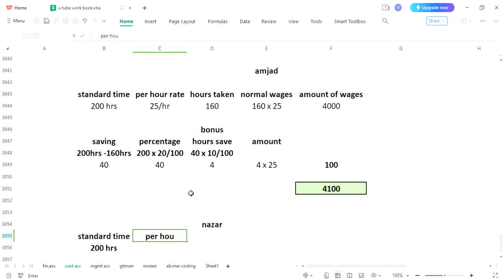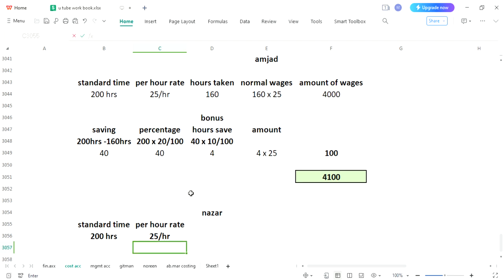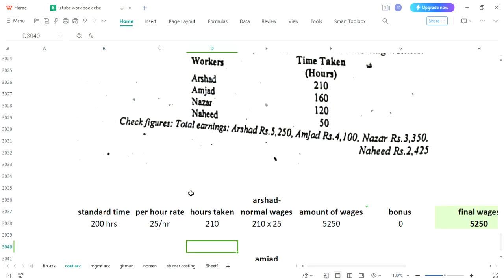Per hour rate is 25 per hour. And then the third amount is hours taken or time taken. Nazar has completed his work in 120 hours.